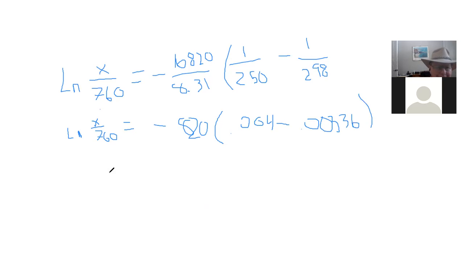Okay, so I got the ln x over 760. They had to teach classes in this. Now, this number is bigger than this number. So my overall number here is going to be negative. And that means that my pressure here is going to be smaller than 760.